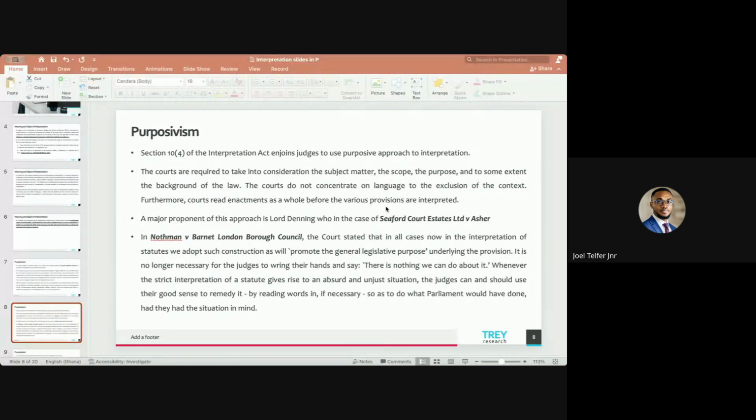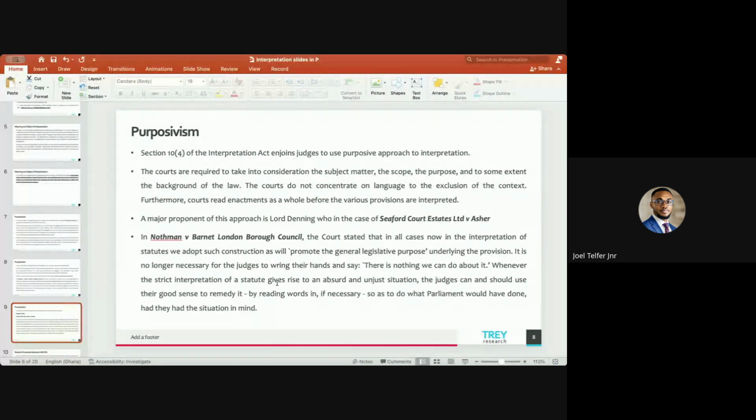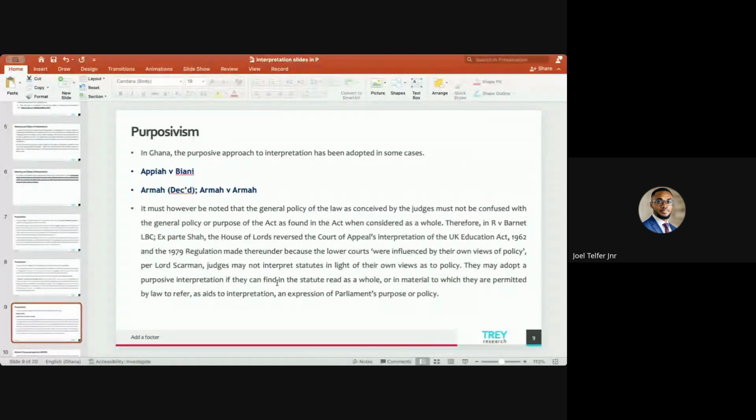Great. So we'll move to the modern purposive approach to interpretation, otherwise known as MOPA. But before we go on, I need to note that the purposive approach to interpretation has been adopted in some cases.